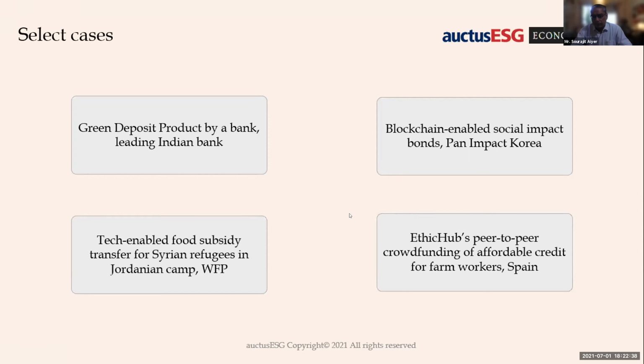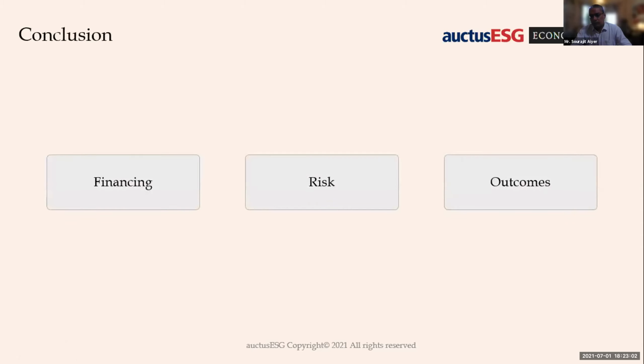Similarly, there is a food wallet solution for poor communities coming up even in Canada called Hyperpay. The last one, in Spain, Ethic Hub has launched a peer-to-peer crowdfunding platform to enable access to affordable credit for agriculture sector workers.